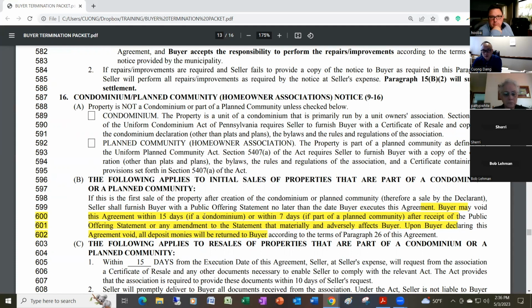Buyer may void this agreement within 15 days if condominium, or within 7 days if part of an HOA, after receipt of the public offering statement or any amendment to the statement that materially and adversely affects buyer. Upon buyer declaring this agreement void, all deposit monies will be returned to buyer. Okay.